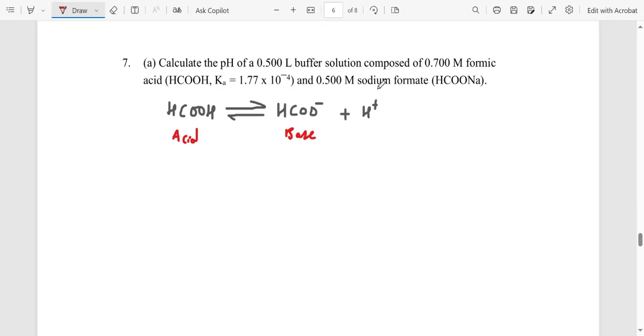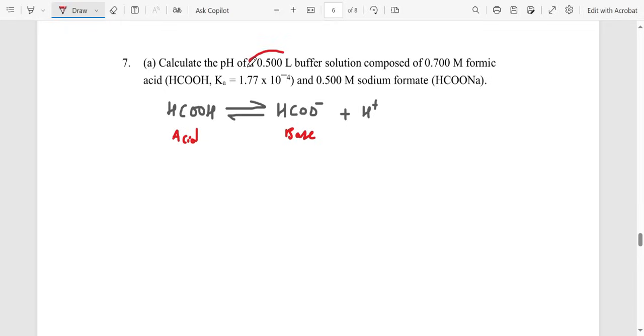Okay. So we know the concentration of the acid, and the concentration of the conjugate base. And we know also the volume. So what we want to use here are basically the number of moles of what we have been given. Now, how do you find number of moles?